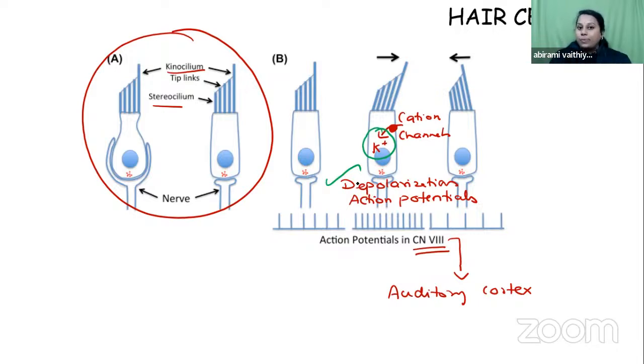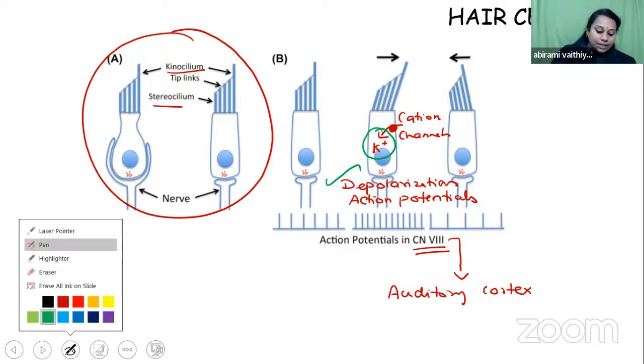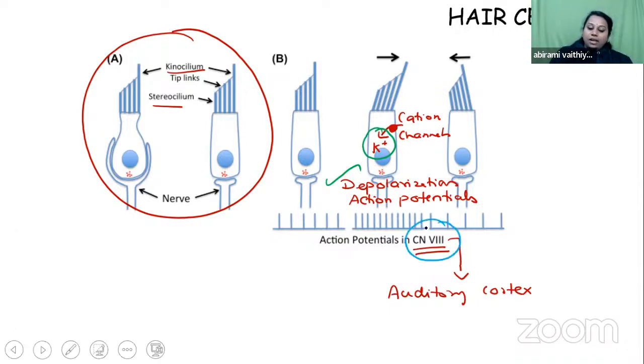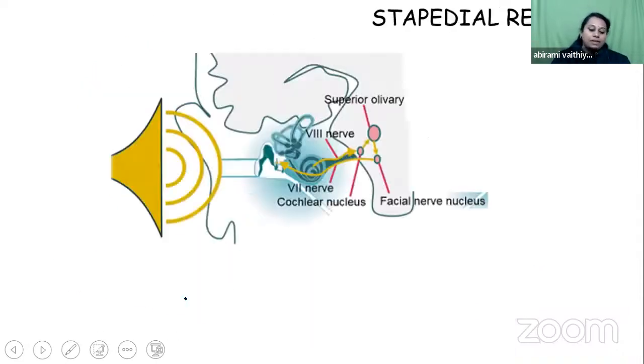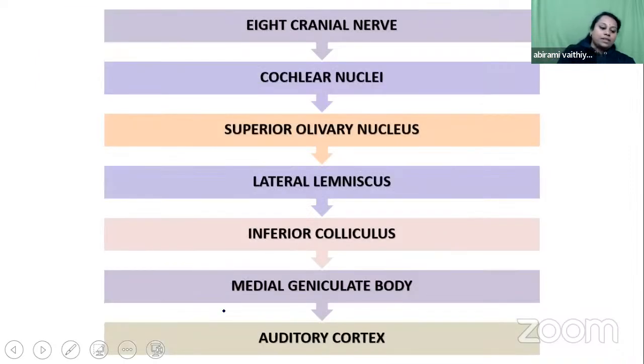What is the auditory pathway here? From the 8th cranial nerve, how do they reach the auditory cortex? That is called the auditory pathway. What is this pathway? The easiest mnemonic for this pathway is E-CO-LI-MA.